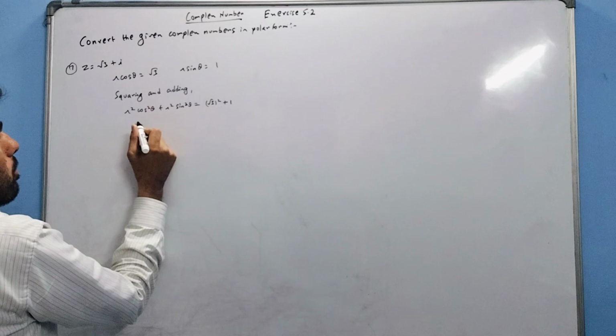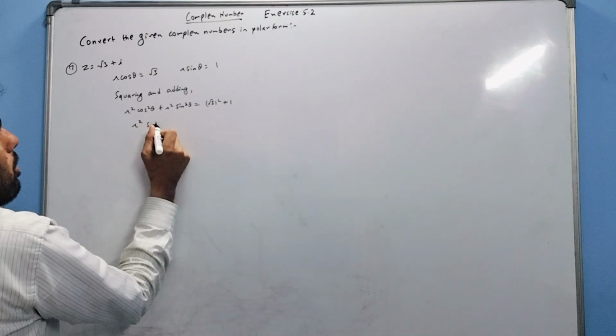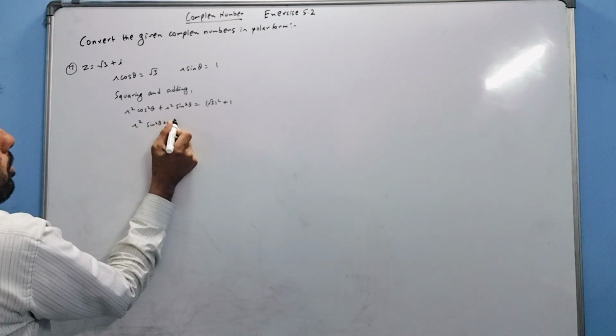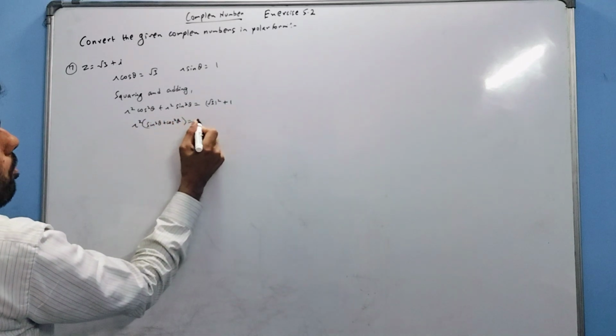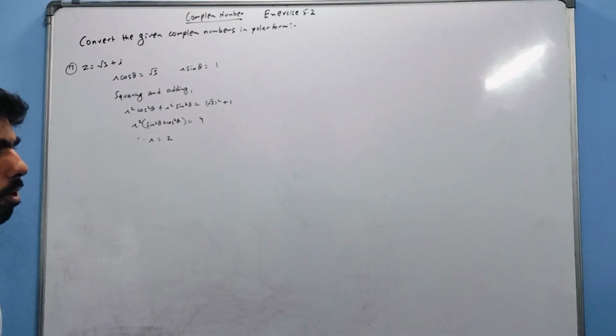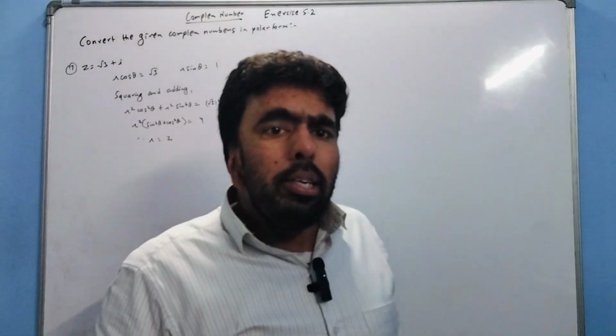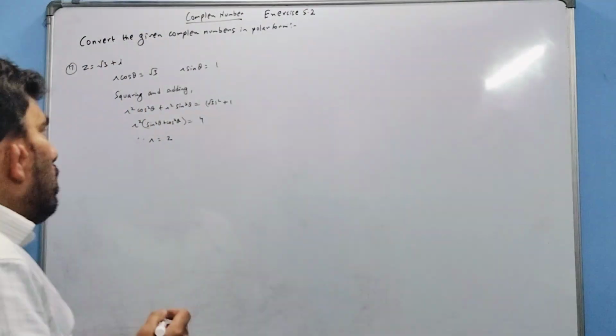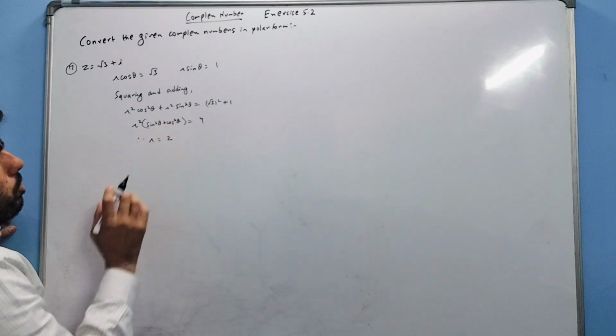So we have r square common, that is sin square theta plus cos square theta is equal to 4. So therefore we got a value of r, 2, that is what we got here, the value of modulus.